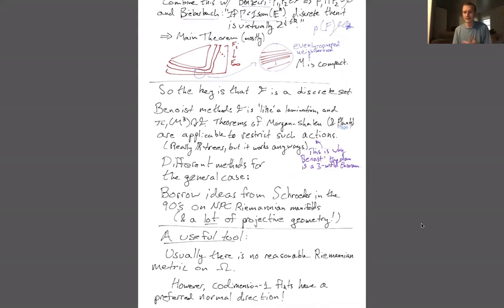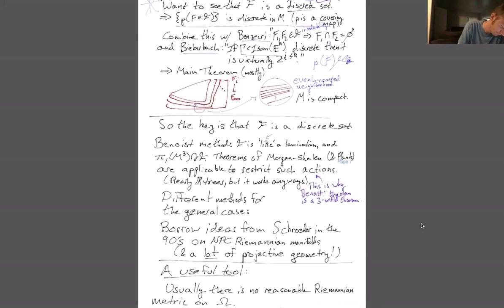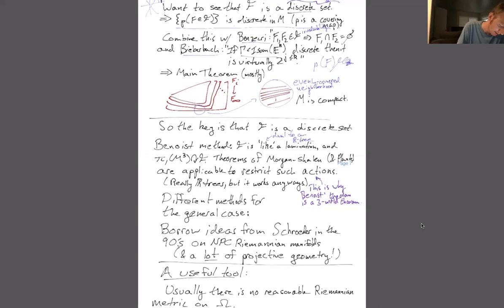And by like a lamination, I mean dual to an R tree. So, right, what's going on?